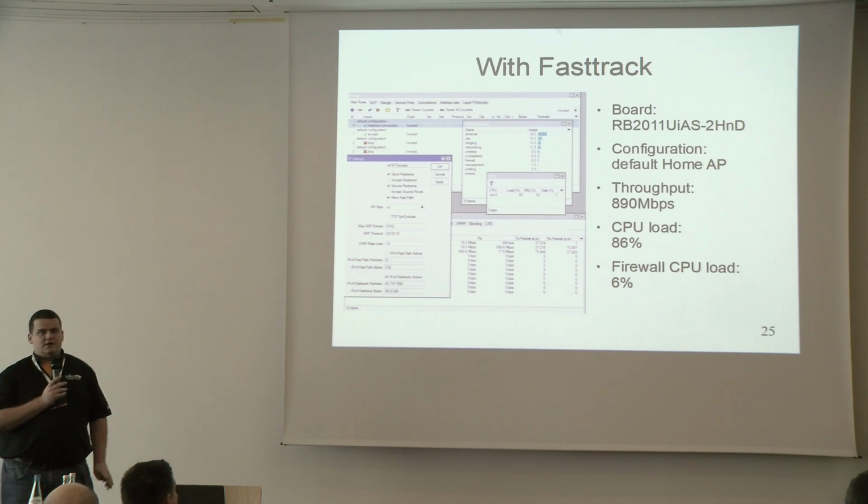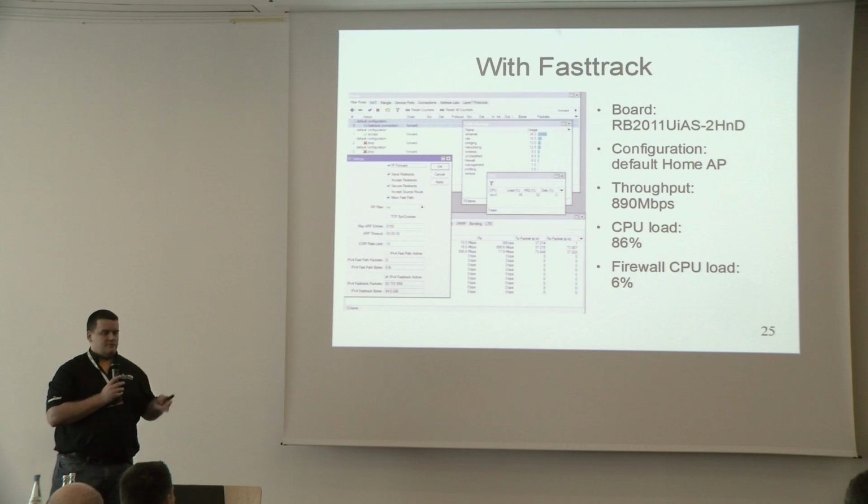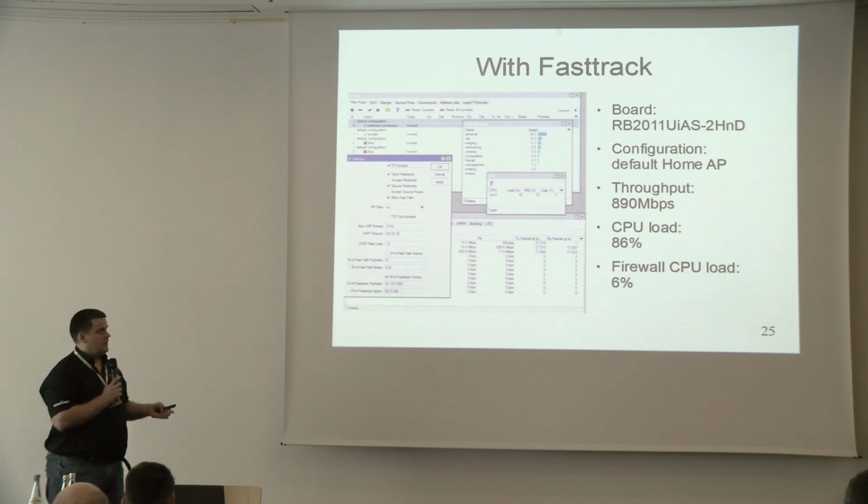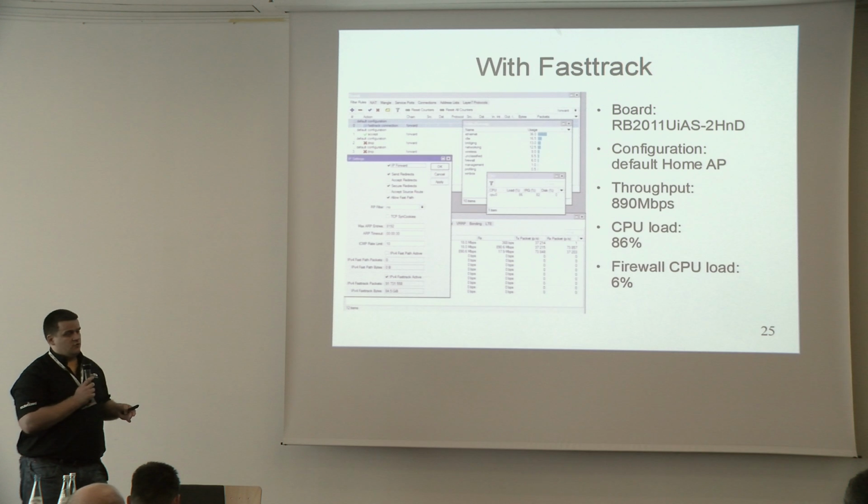So exactly the same hardware, exactly the same firewall that checks connection state new all the way, blocks everything that might harm you, but it fast tracks all the established and related connections. So you lose nothing, but you get performance.